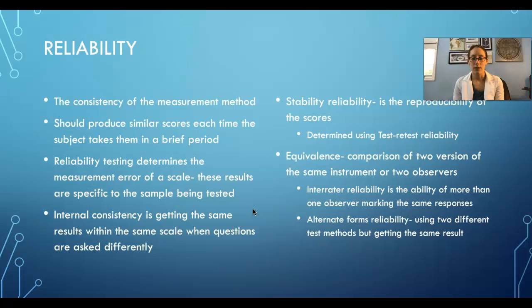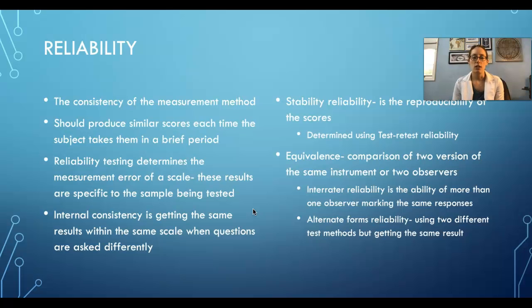Now, scores on a lot of these tests will change over time. That's just the nature of whatever it is you're studying. But you should be able to take the same test every 5 minutes 3 times in a row and get about the same answers, because other than maybe your frustration level with the test, nothing has changed in that amount of time.